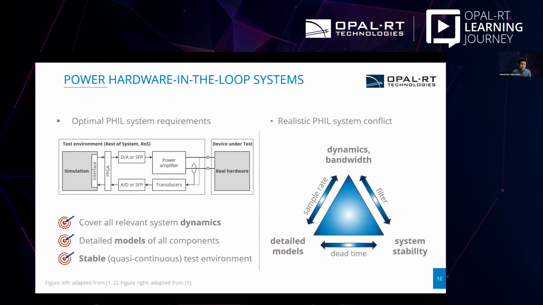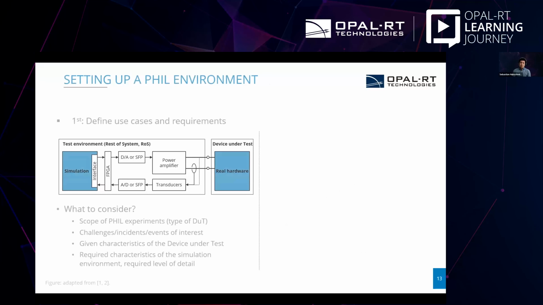This means for setting up a PHIL testbed in order to achieve a best possible solution for the specific use case, some basic considerations are to be made. As we need to compromise, first of all, we need to define our use cases and thus requirements in terms of dynamics and bandwidth. So here, basically, we need to consider, first of all, the scope of our PHIL experiments. So what kind of device and test do we have?